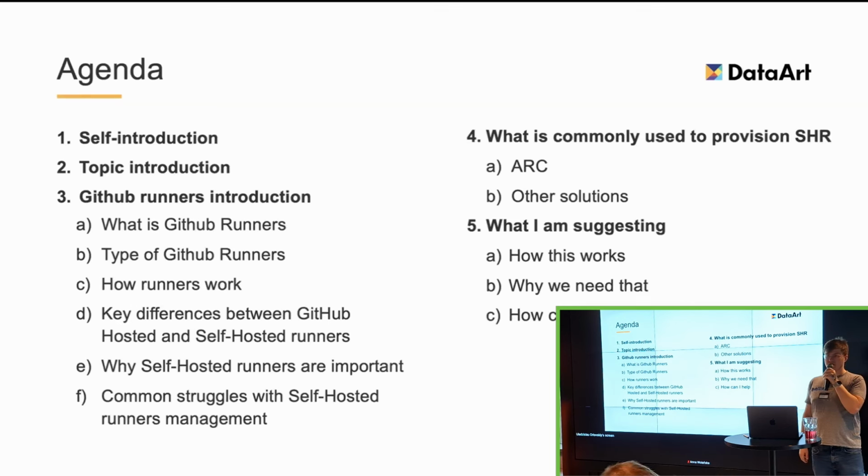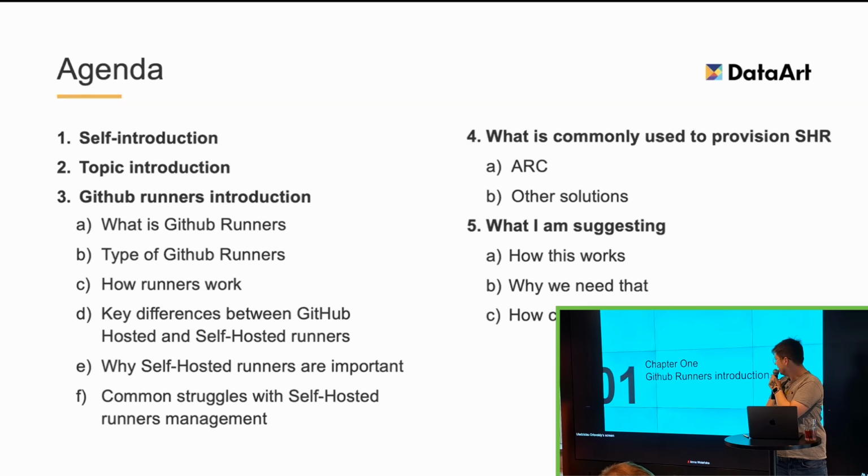Now raise your hand if you're working with self-hosted runners. And raise your hand if you worked with the Action Runner Controller to provision those runners. Okay, now we're getting somewhere. Let's go.